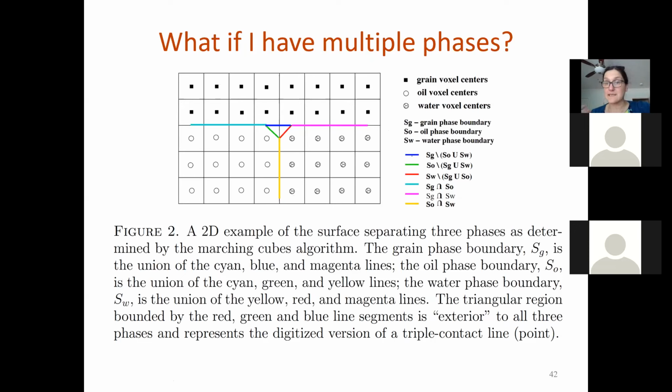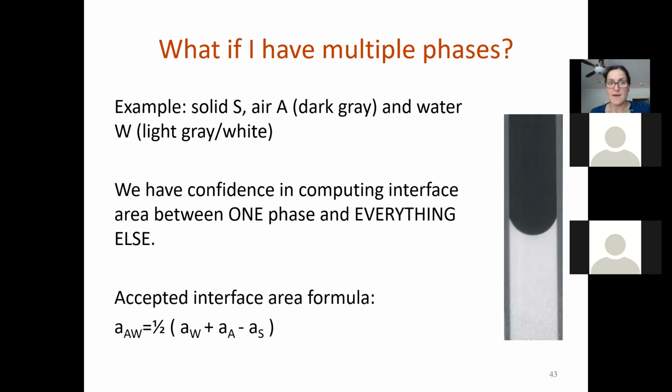So what's done in terms of actually estimating the area? We are often interested in the area which is in between two phases. So that's the interface, the oil-water interface area. Okay. What's often done is this following formula. You compute all of these interfaces separately.